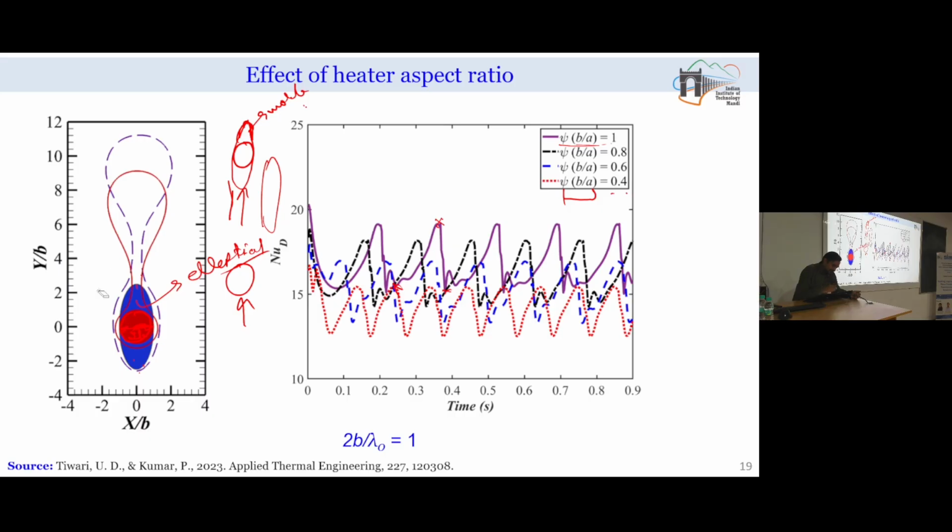But in case of an elliptic heater, where the bubble interface is represented by these dashed blue lines, you will find that the neck is forming significantly away from the heater surface. So because of this, though the area is more, the thickness of the vapor film present around the heater is larger. This has resulted in a lesser value of heat transfer coefficient.